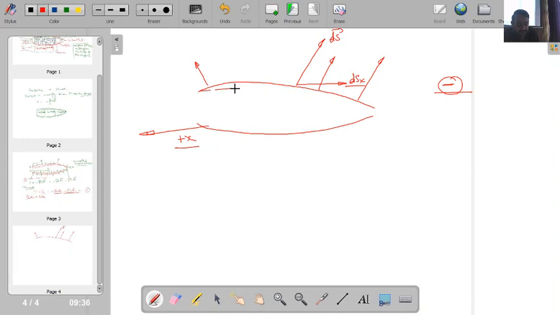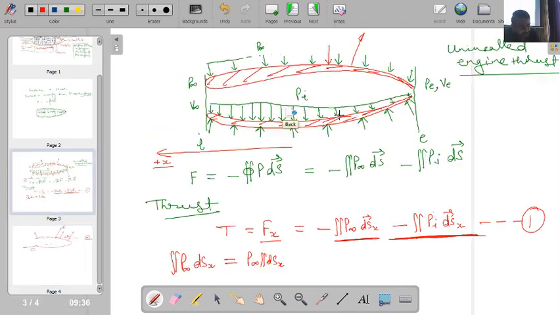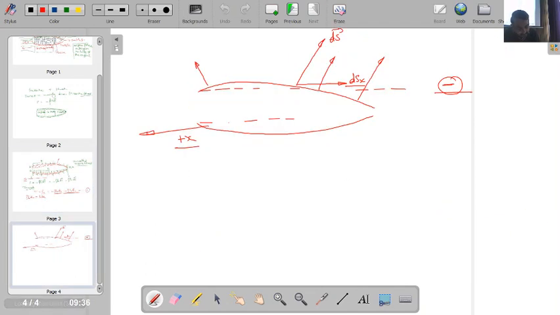If you take projection of this, what will you be getting? You will be getting a circle over here, and this circle will be of area AI. You will get one small circle over here, and this small circle will be of area AE.